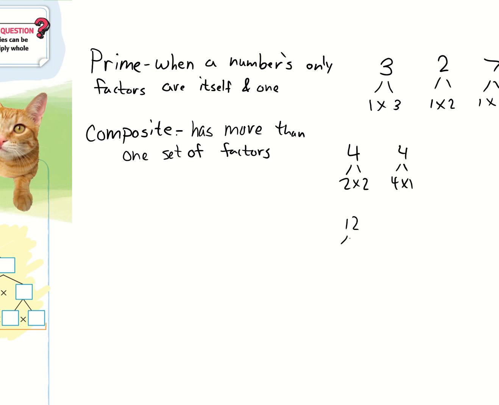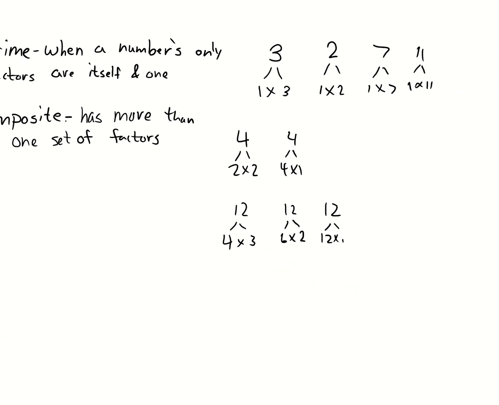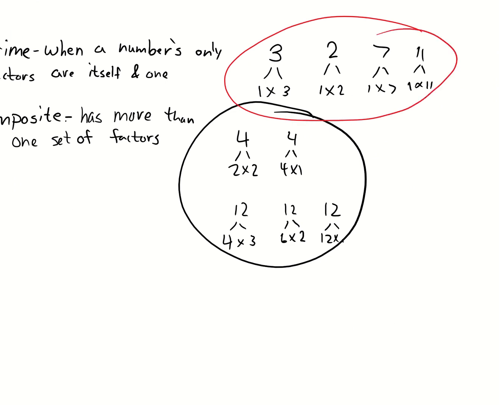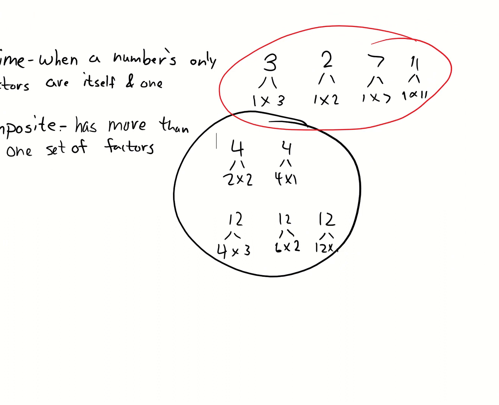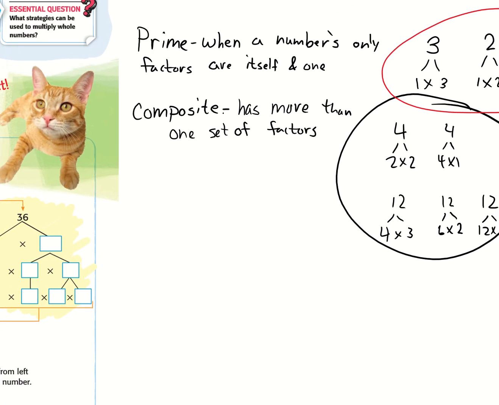So if I did 12, that can be split up in 4 times 3, or it can be 6 times 2, or 2 times 6, and vice versa. And you got 12 times 1. So these are all examples of composite numbers. We have composite numbers over here, and we have prime numbers over here. So just remember, primes are only numbers that are factors with itself and 1.